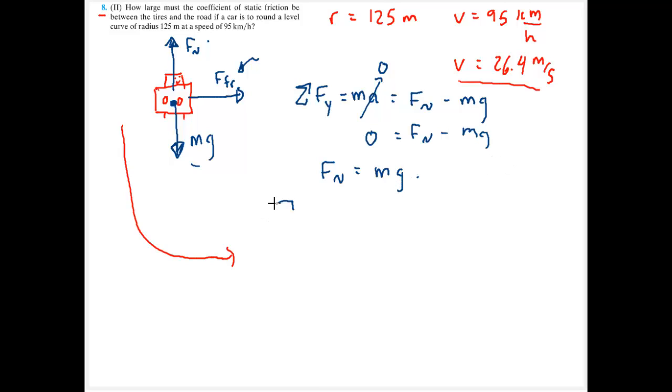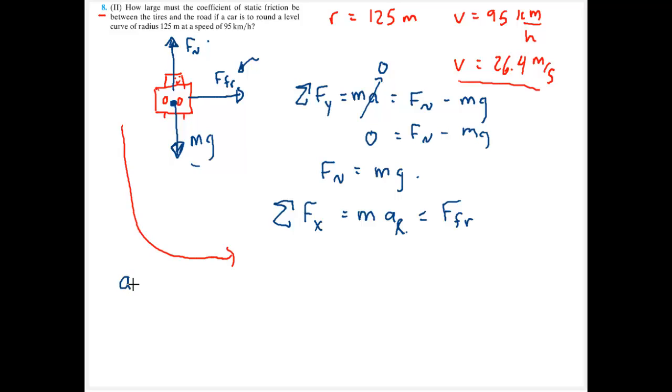Now let's do the same in the x direction. Sum of forces is going to be equal to the mass multiplied by the acceleration, and the only force in that direction is going to be the force due to friction. I also know that the acceleration is going to be radial, so I write a little subscript r right there.